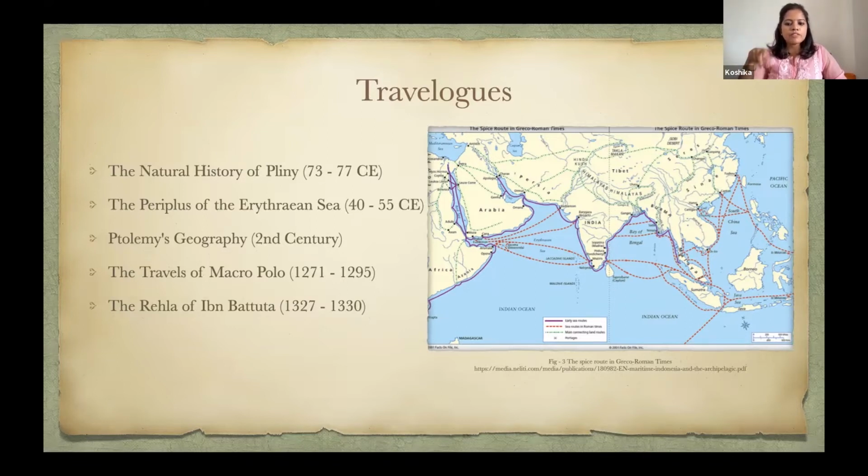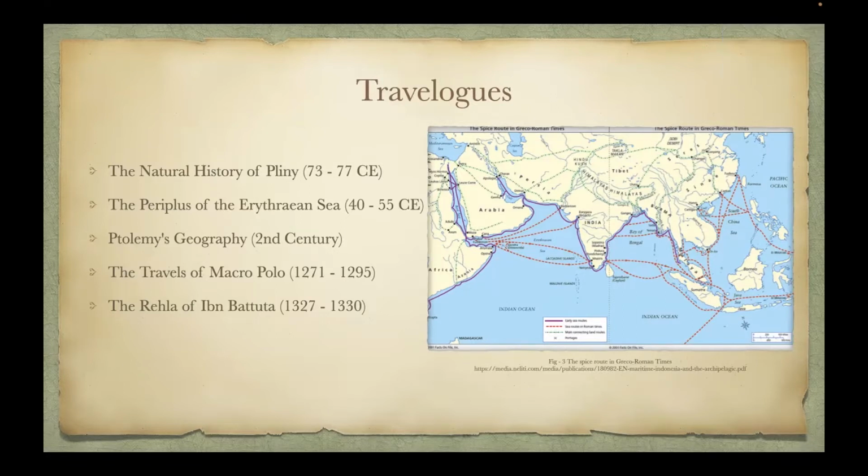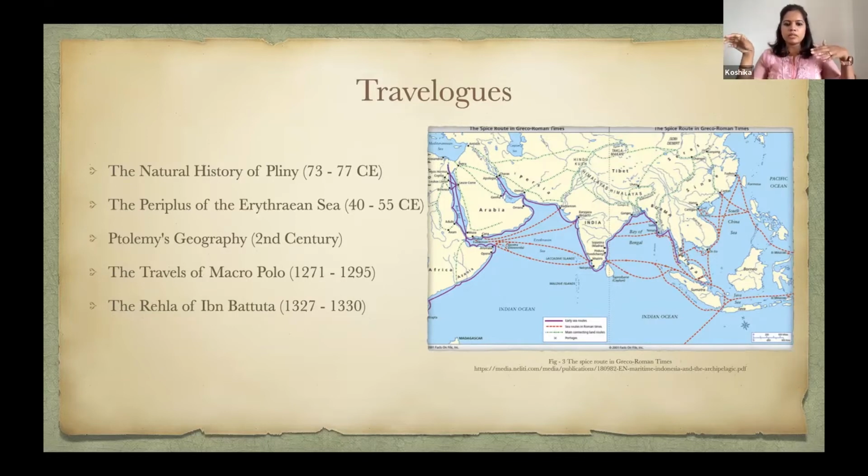After the discovery of the Hippalus monsoon wind, it became really easy for the Arabs. The red line shown on the map shows the way of the Hippalus wind. Arabs moved into the deep sea from Arabia to Musiri in Tamil Nadu, and the days were really reduced.